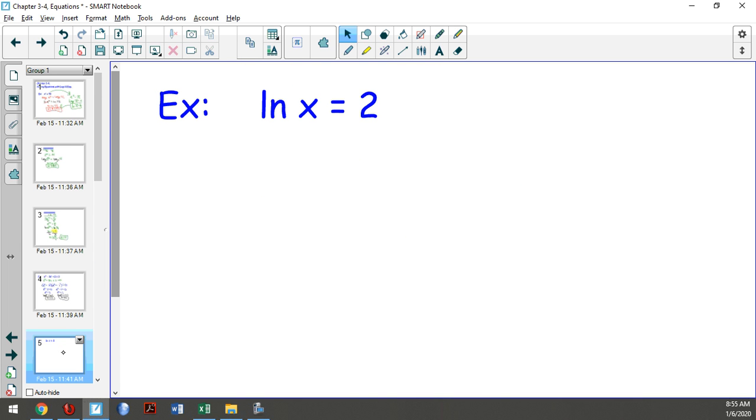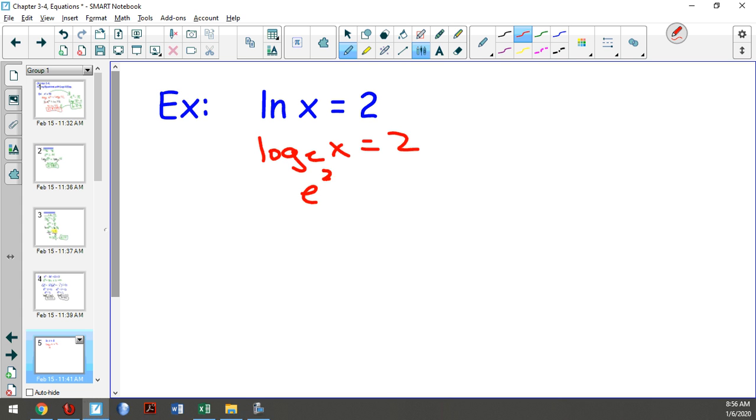Okay, now let's move to the other direction. We're going from exponential equations to logarithmic equations. So, you guys already know this. Our brains don't work in logarithms, do they? What do they work better in? Exponentials. So if I wanted to write this thing as an exponential, how would I go about that? e squared equals x. This is log base e of x is equal to 2, so that's e squared is equal to x.